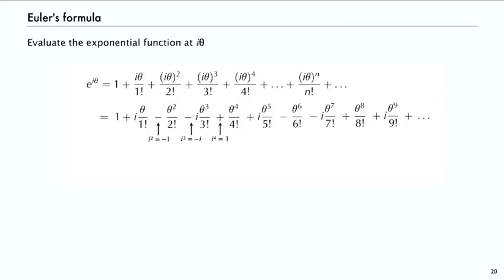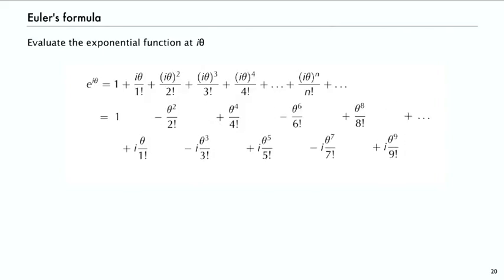That's just algebra, getting rid of the i squared. And then if you just separate the terms out from the previous slide, this first series is cosine theta, and the second series is i sine theta. That's called Euler's formula. e to the i theta equals cosine theta plus i sine theta.